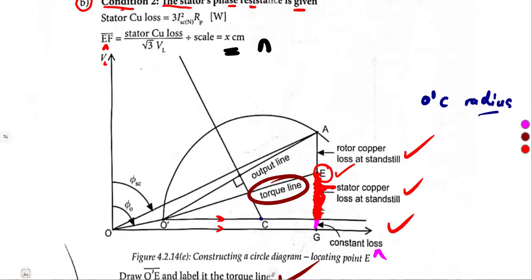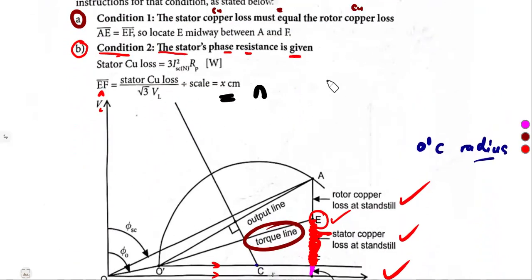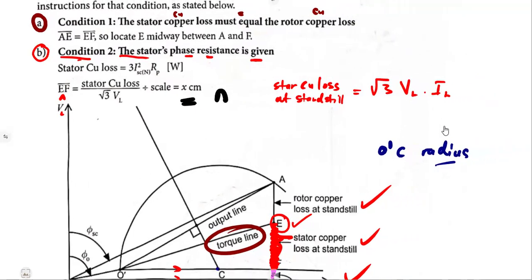Remember, we are dealing with a three-phase. So we are simply saying, guys, our stator copper loss at standstill will be given as what? Square root of 3 times the line voltage that we are given times the line current. That is what we are going to be having.